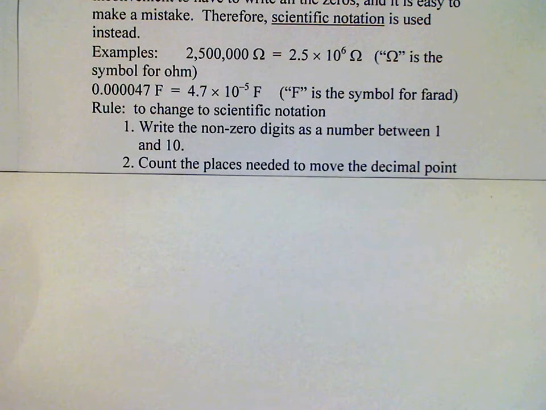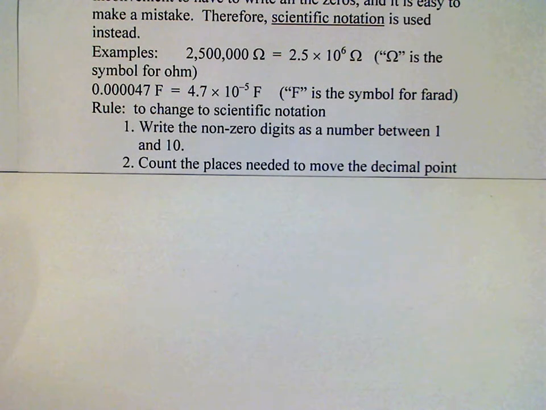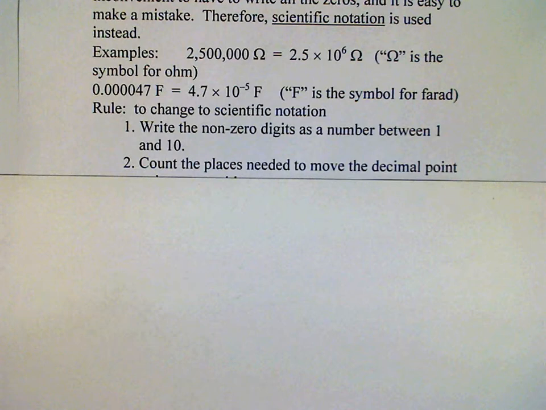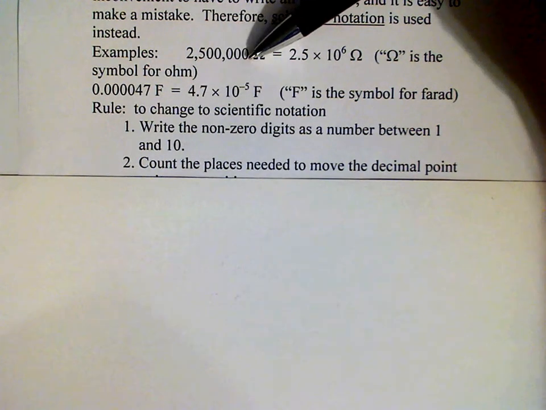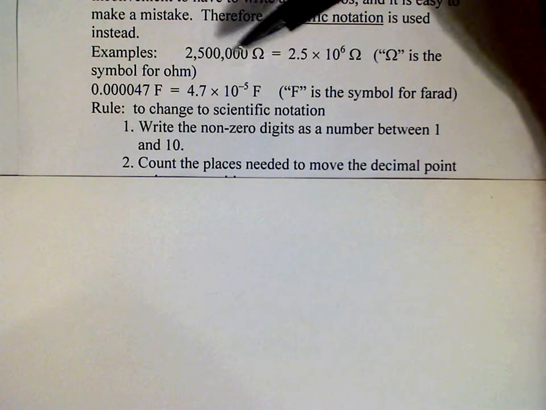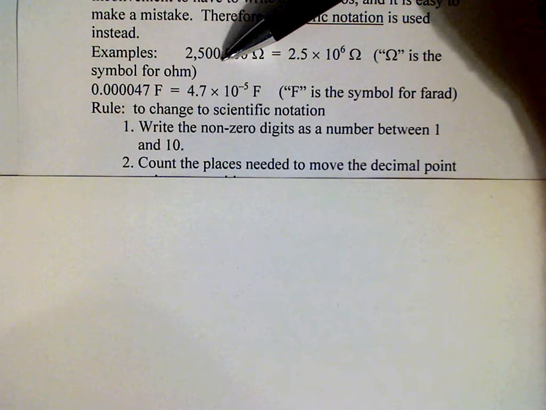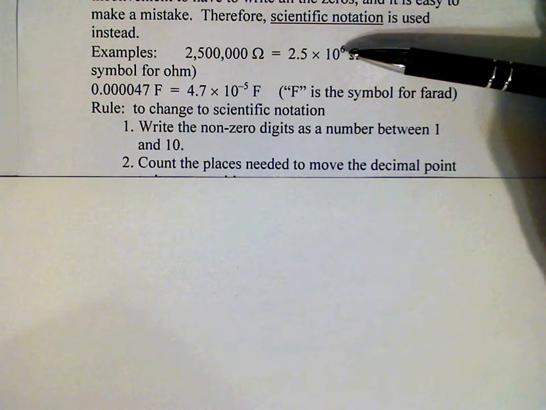In order to determine this exponent, we simply have to count the number of places we need to move the decimal point from its original location, in this case here, to the new location, which would be here. So how many places do we have to move? 1, 2, 3, 4, 5, 6 places. So that's where we come up with this 6.